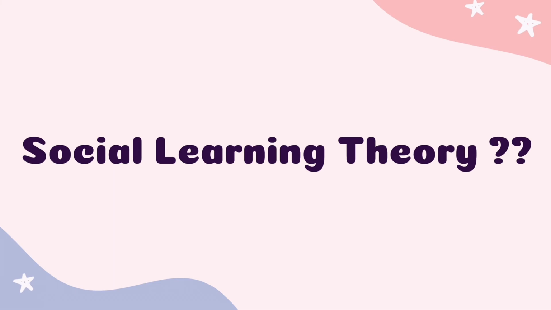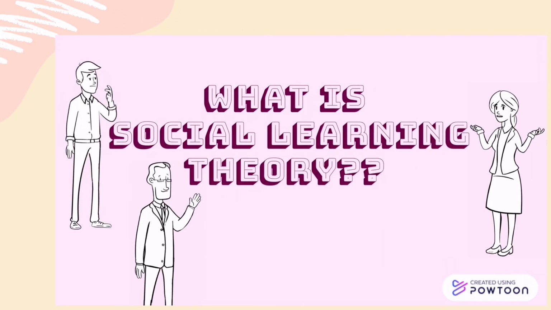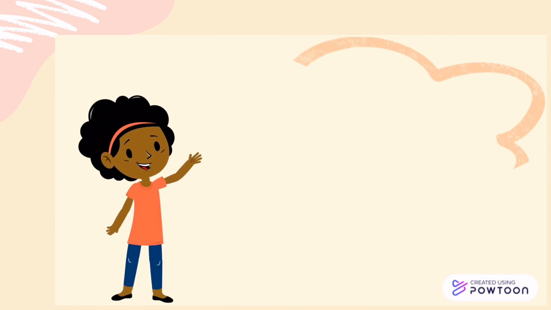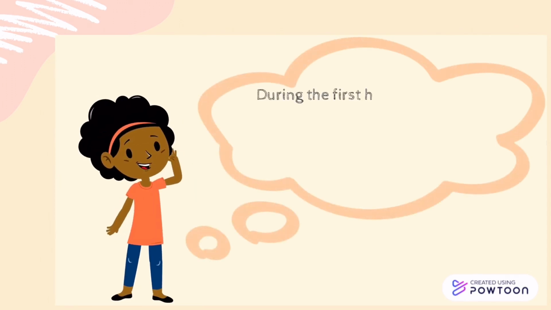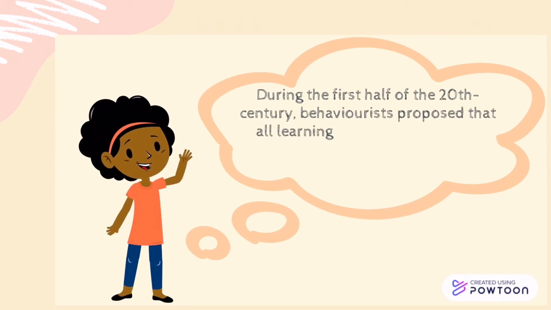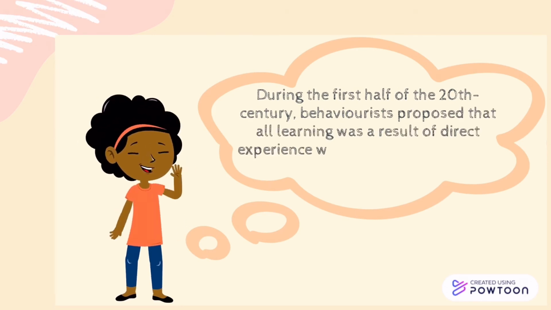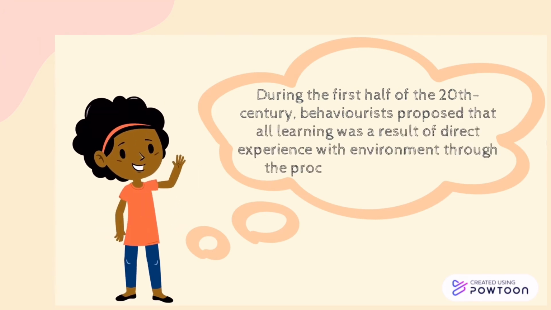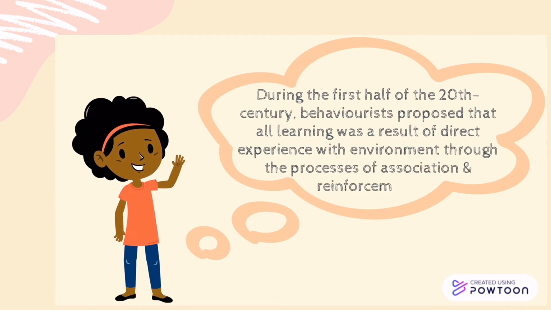After a brief introduction of Albert Bandura, we will then move on to social learning theory. So, do you have any idea of what social learning theory is? During the first half of the 20th century, behaviorists proposed that all learning was a result of direct experience with environments through the process of association and reinforcement.